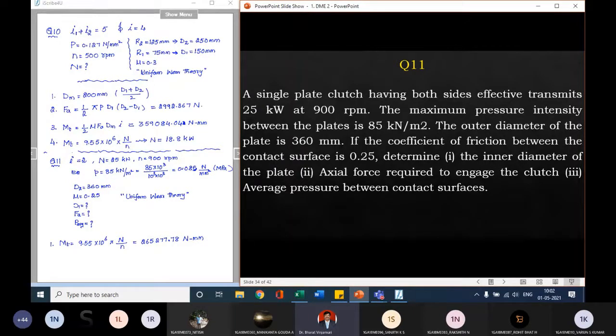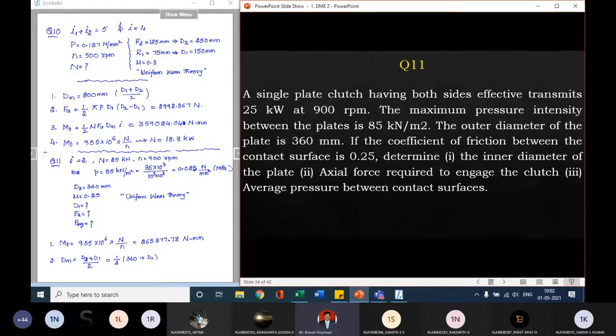So once again, we are done with this. Second one is DM, which is D2 plus D1 by 2. So D2 plus D1 by 2 is half into 360 plus D1.